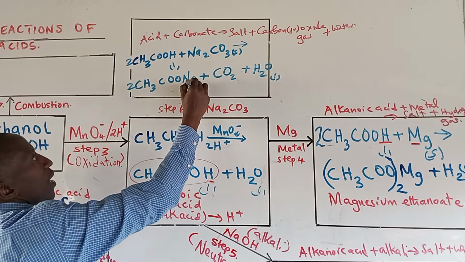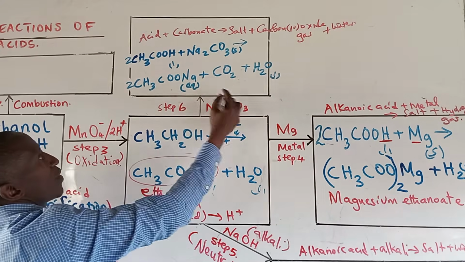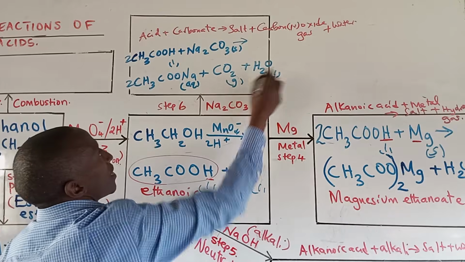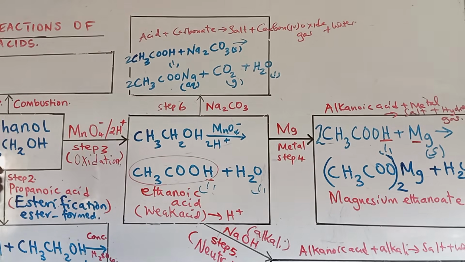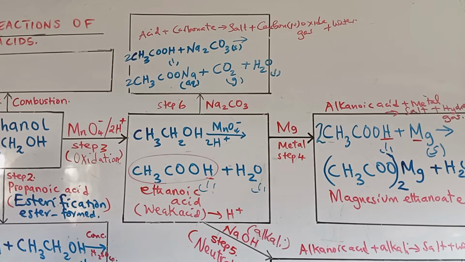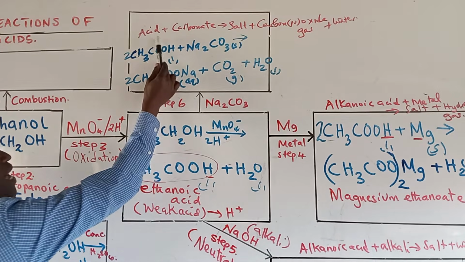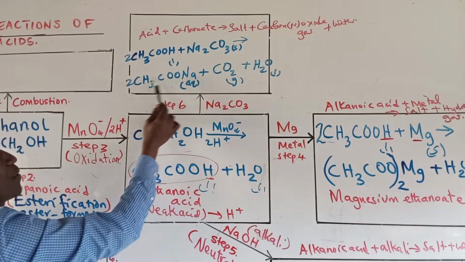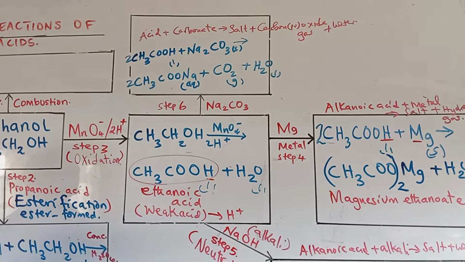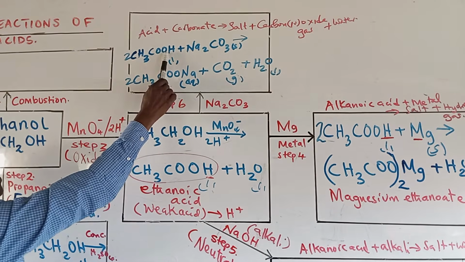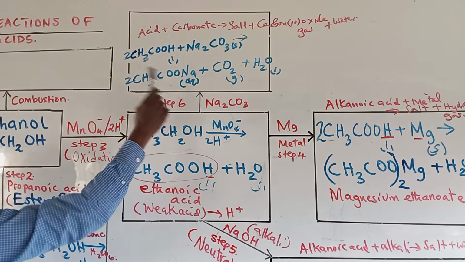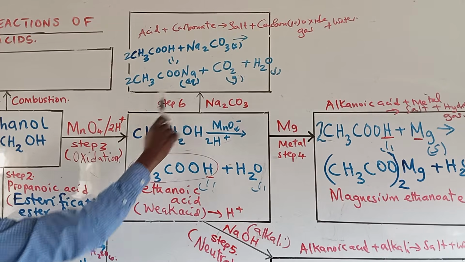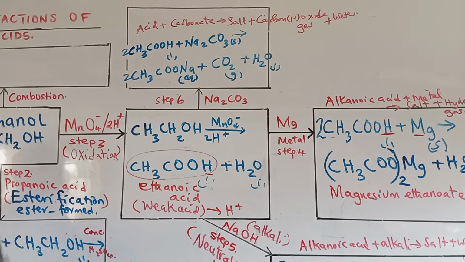This one is aqueous, this is a gas, and this is a liquid. So basically, we have summarized the acid reacting with the carbonate to yield sodium ethanoate, and if this was propanoic acid, then we have sodium propanoate, and so on and so forth.